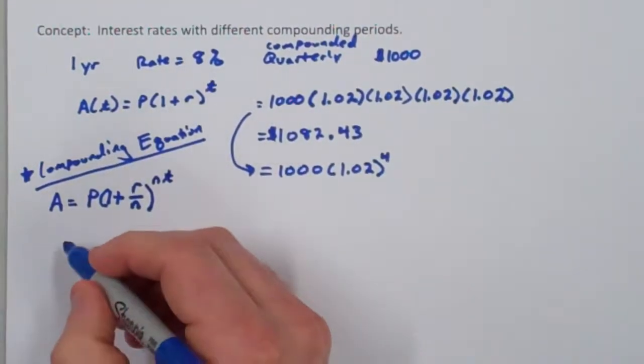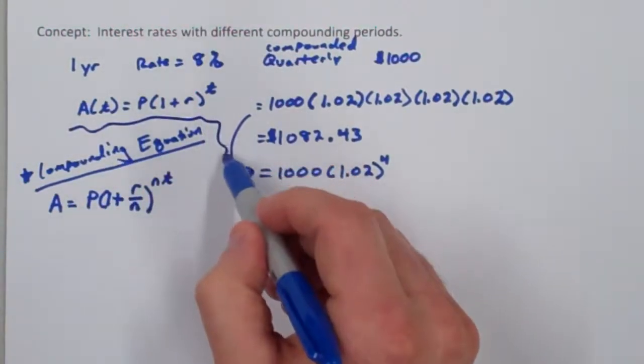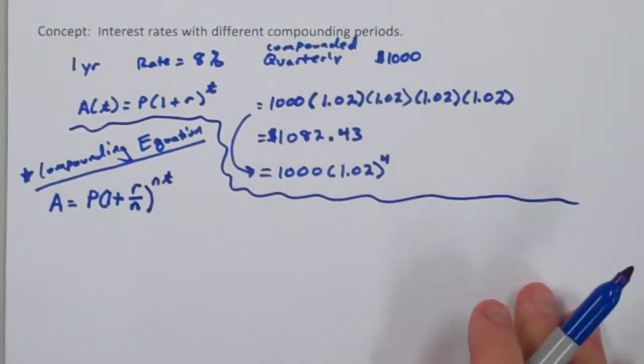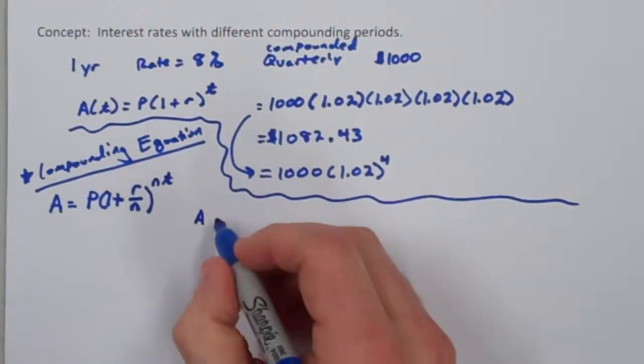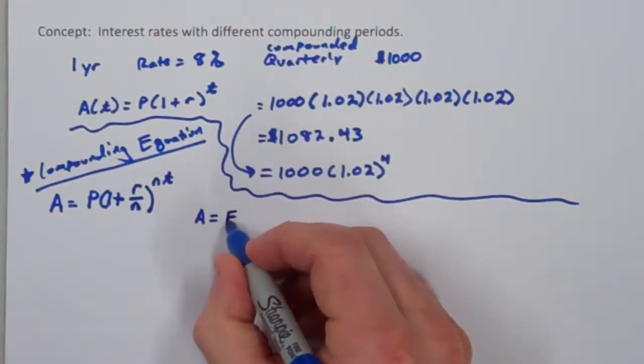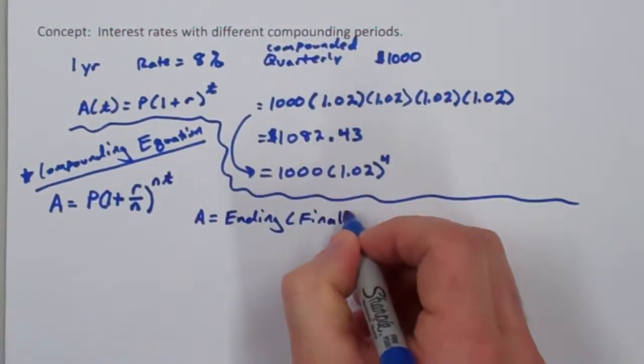So let me go ahead and give you what all of these variables mean, and that was kind of our example examining what's going on here. Over on the right-hand side, A is the ending or final amount. Let me define these variables for you.